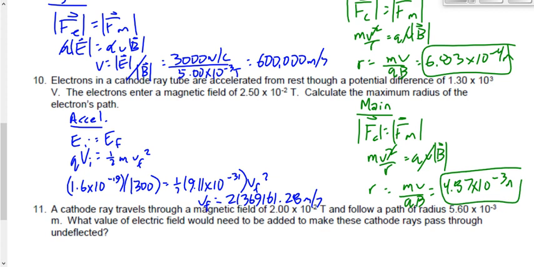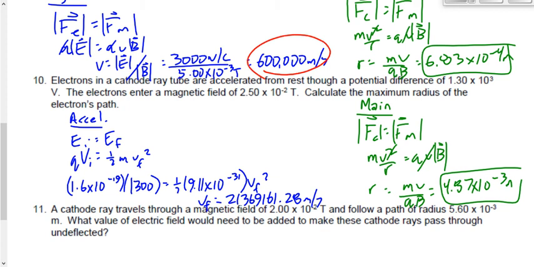Now, notice in question number 9, it asked for the radius. In question number 10, it asked for the maximum radius. In question number 9, we knew the exact speed that these particles were moving.